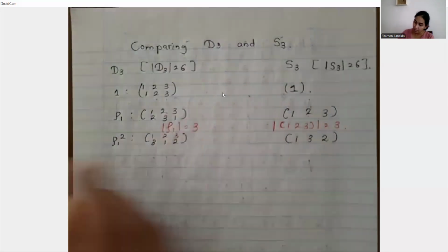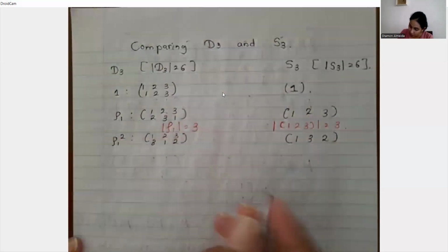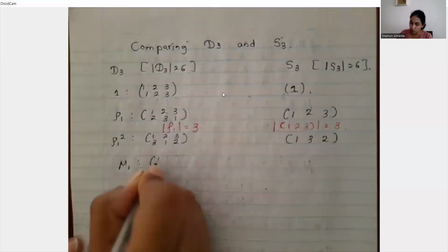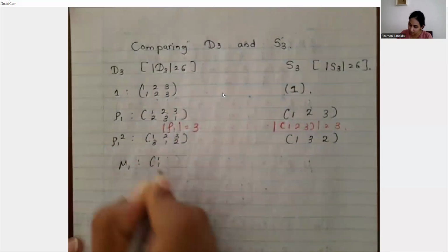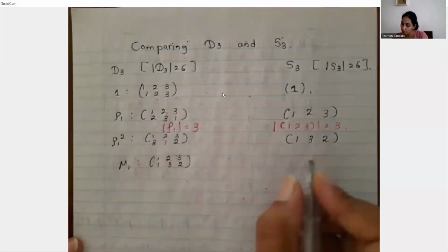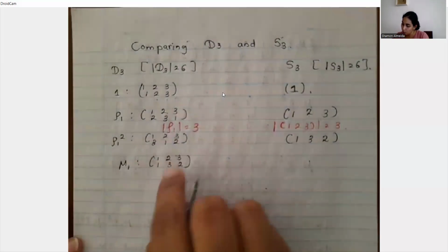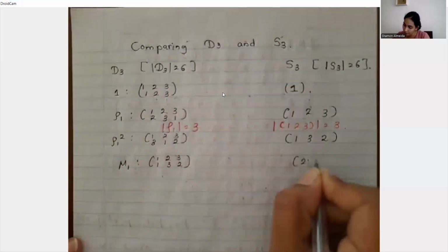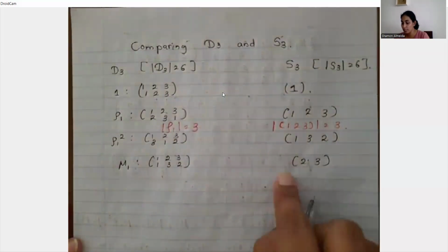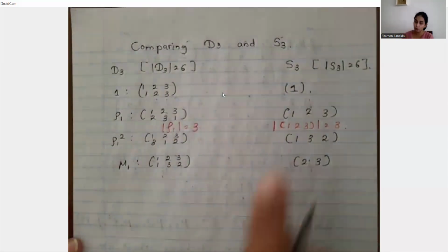These are all the rotations. Then we have mu1. Mu1 is 1 fixed, 2 and 3 will be swapped. Right? 1 fixed, 2 will go to 3 and 3 will go to 2, which corresponds to this cycle, where 1 is sent to 1, 2 is sent to 3, and 3 is sent back to 2.